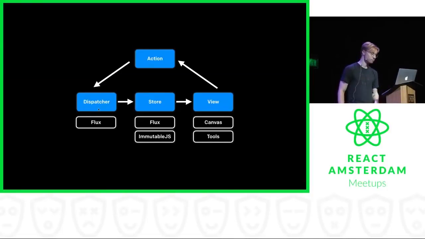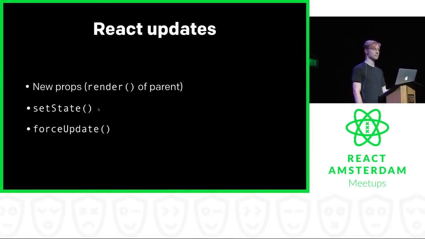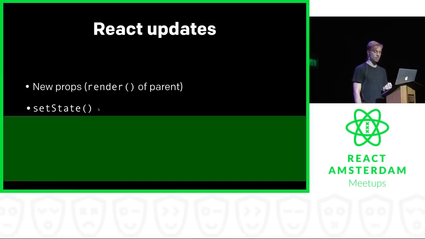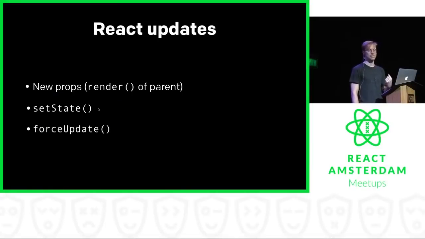And when we take a step back, this is a state management problem. We have a very specific state in our app, and we need a way to manage this. And luckily, in React, state is a very simple concept. There are only 3 things that can cause an update in React, and only 3 ways that the state will change. This is a very important thing to keep in mind when you're looking at different state libraries that will help you with managing state.